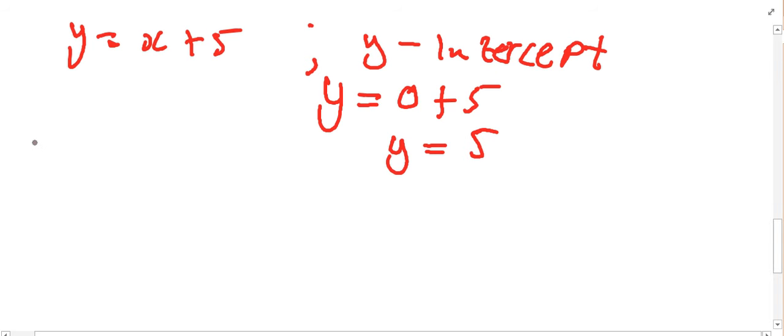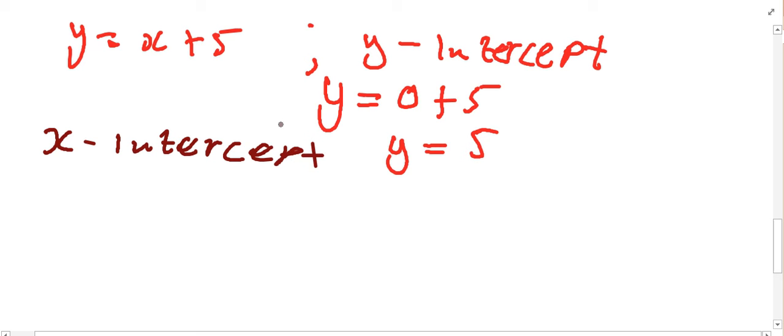Okay, so when you look at the x-intercept, I'll write this as x-intercept. Guys, don't laugh at my spellings. So the x-intercept is where y is 0. Okay, so from that equation, when y is equal to 0, what are we having?